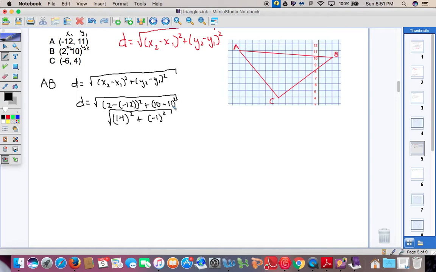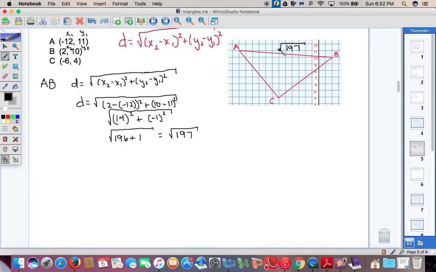So 14 squared, I believe, is 196, plus -1 squared is +1. So I have the square root of 197. Remember, we're talking about a distance, so this is going to be in units.